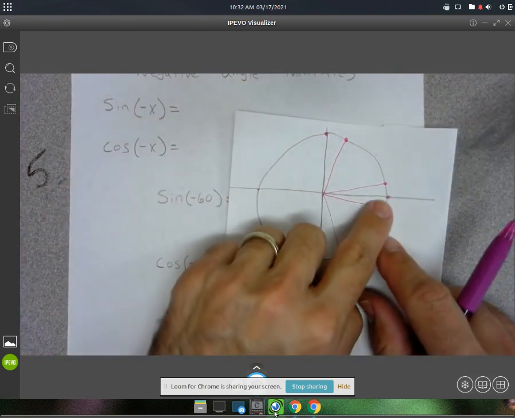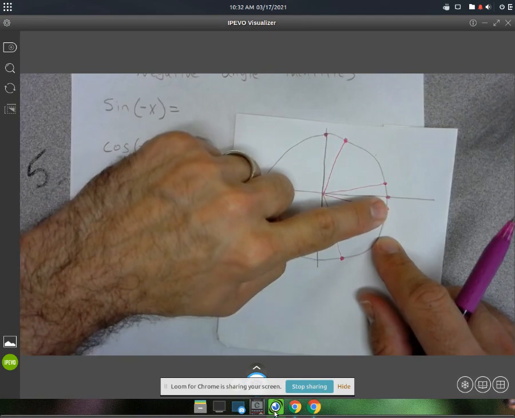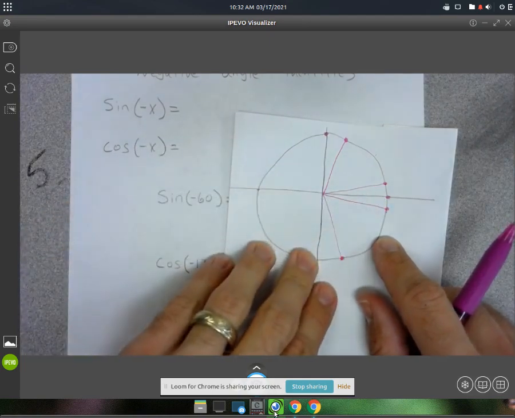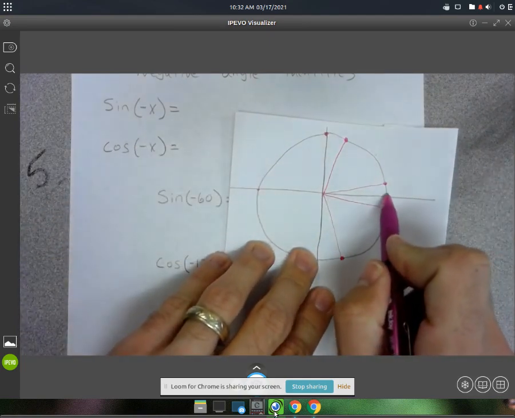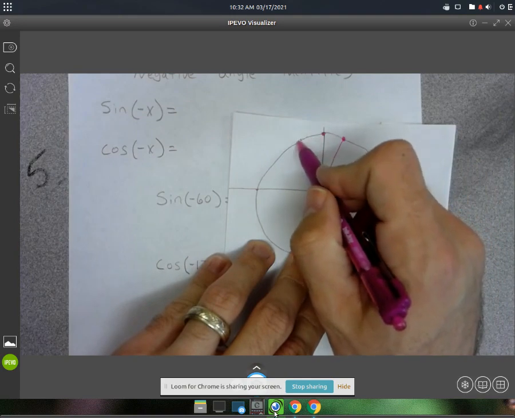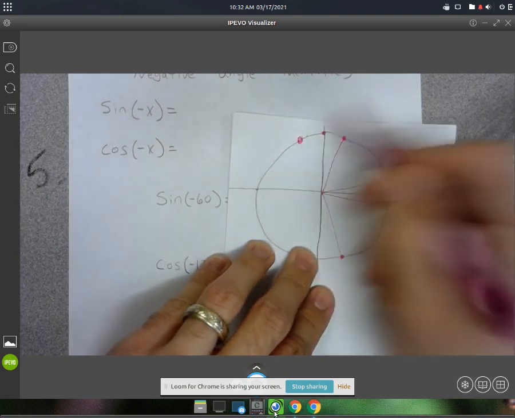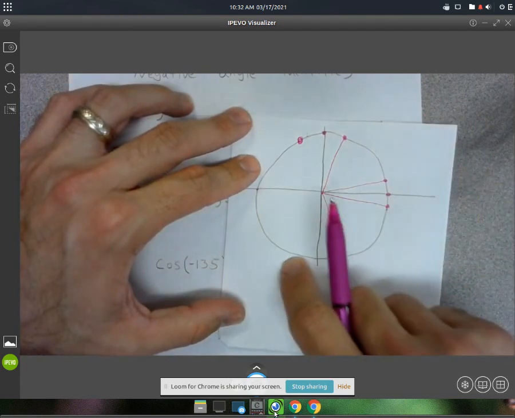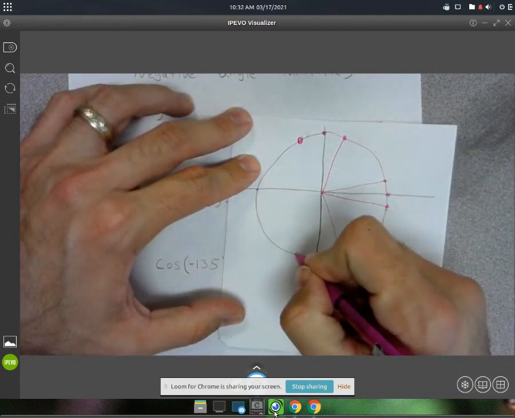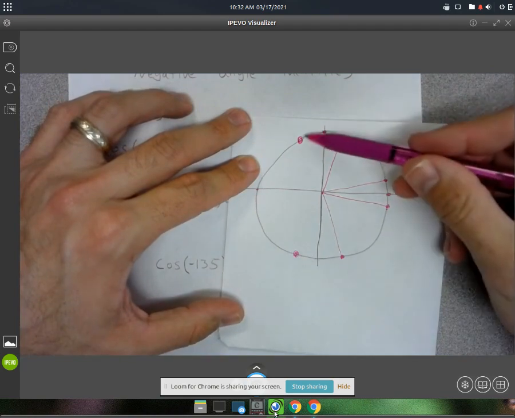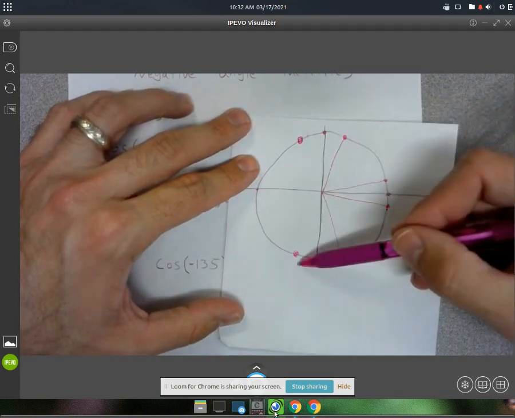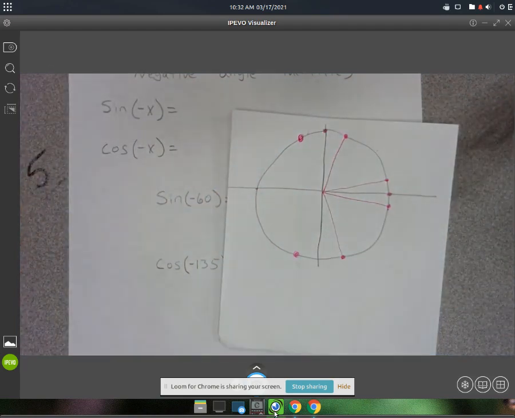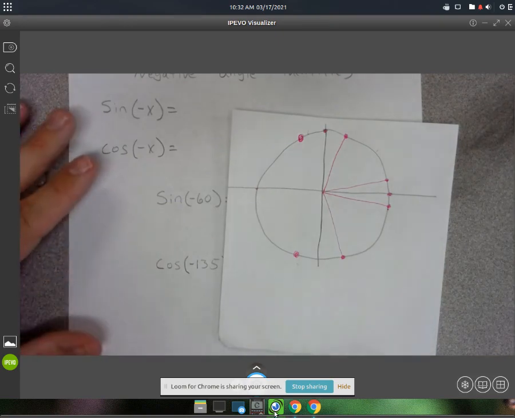And that even works for bigger angles. Let's say I rotated 120 degrees. So if I rotate 120, I'm going to be up in this neighborhood somewhere. Well, if I were to rotate negative 120, I'd be back down here somewhere. And they have the exact same y value, but they differ by a negative, right?